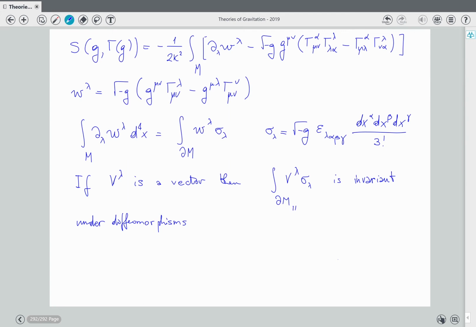Why? Because that is equal to the integral on the boundary of square root of minus g, 3 factorial, whatever, epsilon mu nu rho sigma v mu dx nu dx rho dx sigma.